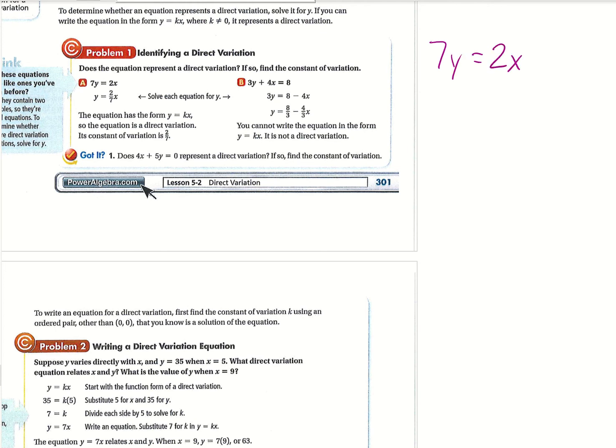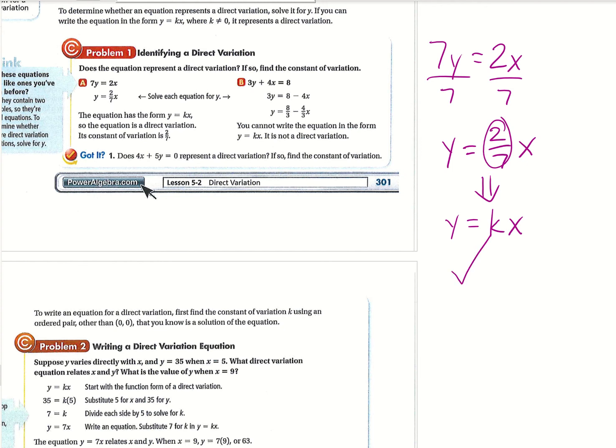And then you're going to solve the equation for y. So to do that, you'll divide both sides by 7. We end up with y equals 2 over 7 times x. All right, this is in the form of y equals k times x, where k would be 2/7.